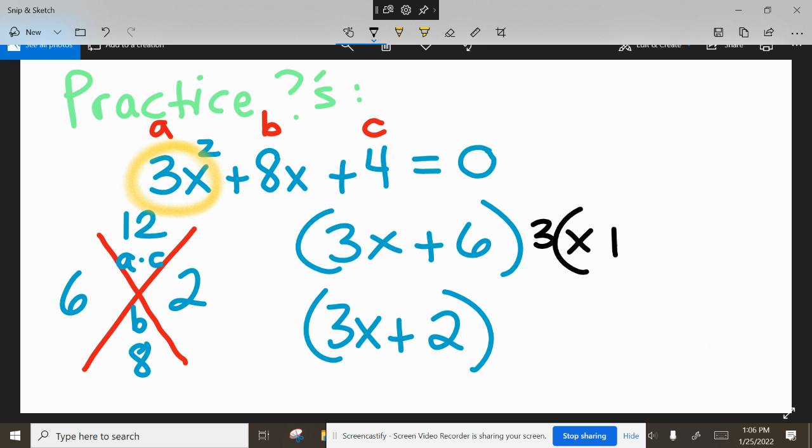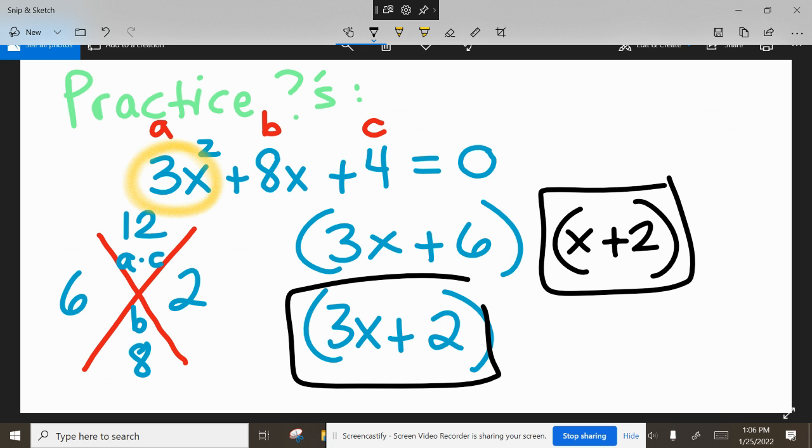X and 2. So you're basically dividing it out, okay? So this method is called the trash can method. If you were to GCF at this point, that's going in your trash can, all right? It has a really big lid. Now, the trash can goes away. That's your answer. So this is your answer, and this is your answer.